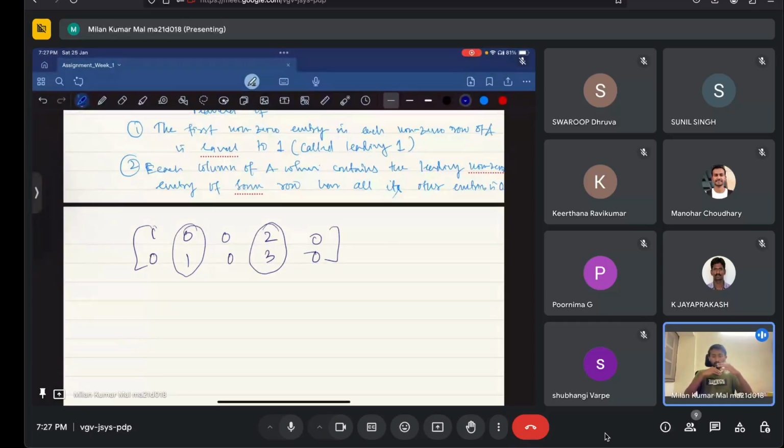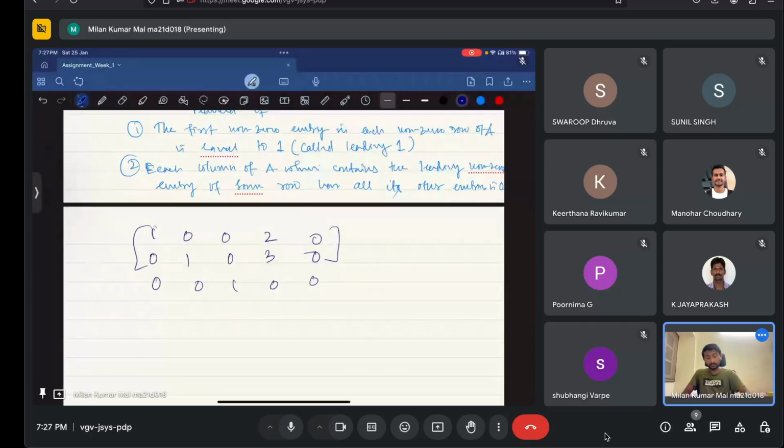If we write 1 here, then to remain a row reduced matrix, we would need one more row, that is 0 0 1 0 0.